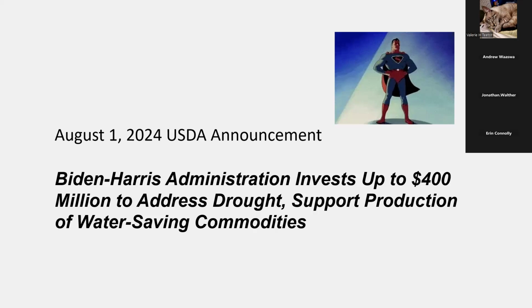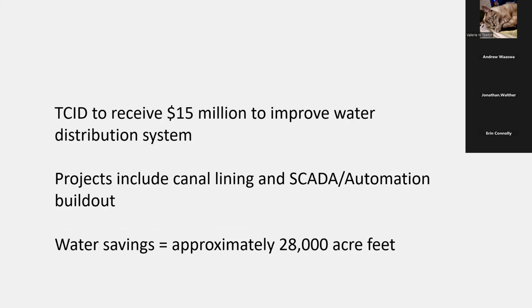So what that means is that we are going to be receiving, hopefully by the end of this year, $15 million to make some improvements. That's going to include another canal lining project that suffers a lot of loss from seepage. And we're also going to be building out our SCADA and automation infrastructure.